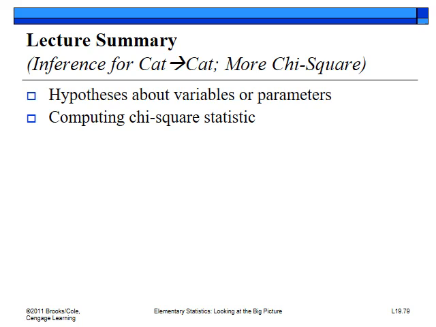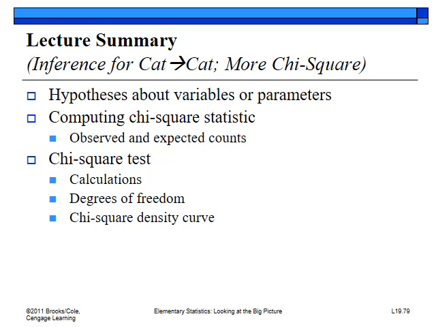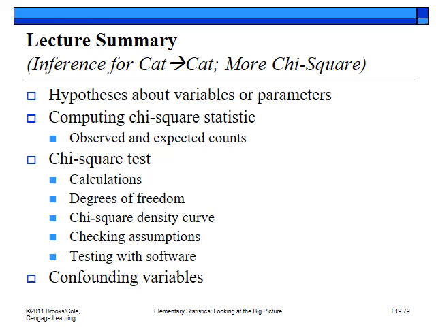Additionally, we looked at computing the chi-square statistic. We did some calculations with this chi-square test, focusing on degrees of freedom and the density curve, that is the distribution. We checked some assumptions. We looked at computing chi-square with software, and we looked at the role that confounding variables can play.